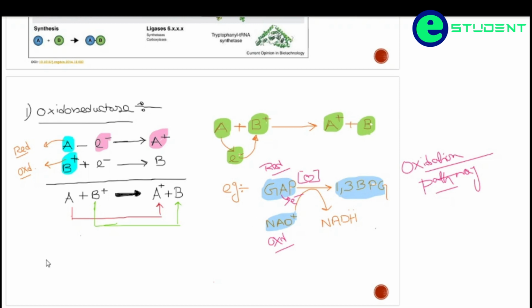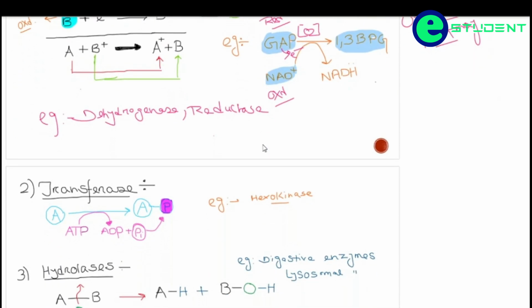Examples include dehydrogenase, reductase, etc.